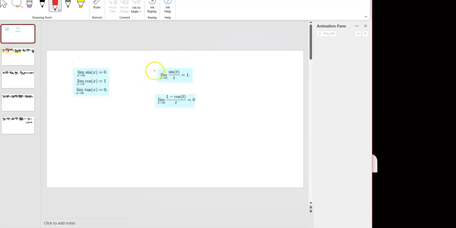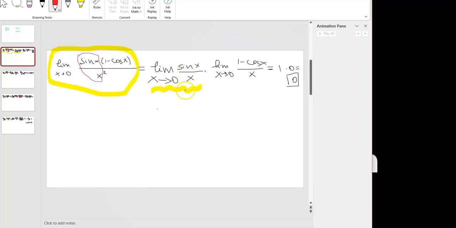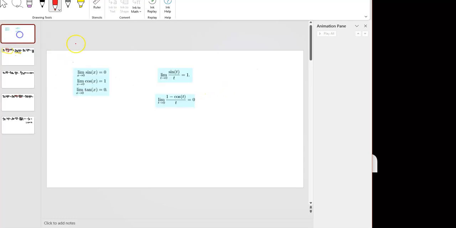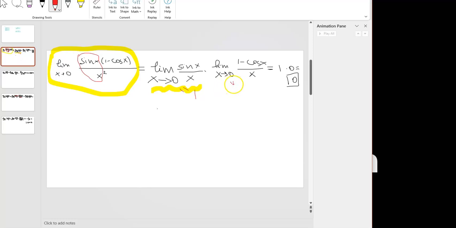Let's look back at our first slide, and this is the special trigonometric limit with a value of 1. So this limit equals 1. What is this limit? It is the second trigonometric limit, and here you have the value of 0. So we have 0 for this limit, and we have 1 times 0 is 0. That's how you work on this type of expression.